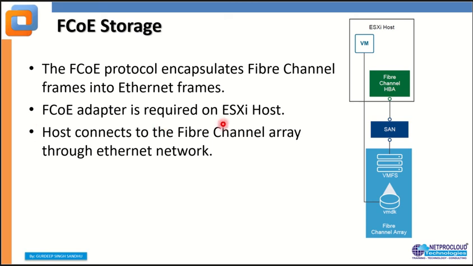The FCoE adapter is required on the ESXi host, and the host connects to the Fibre Channel array through the Ethernet network. From the Fibre Channel array presented to us, we create the virtual machine file system datastore, and onto that datastore the virtual machine puts its VMDK.